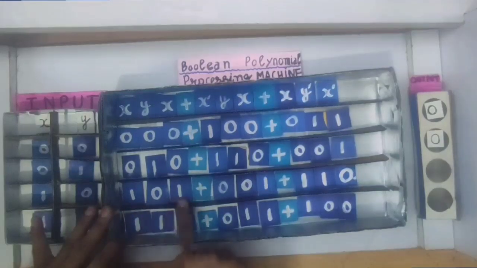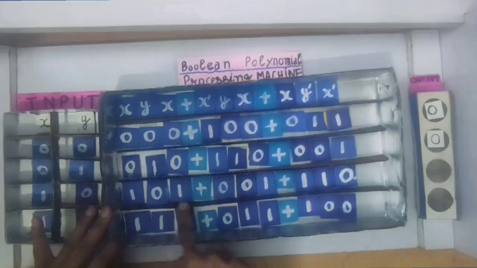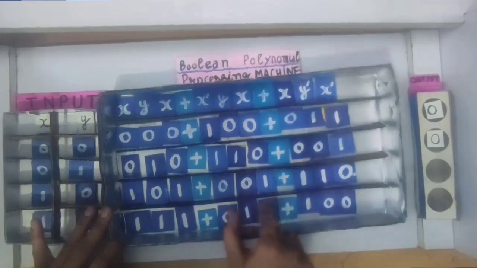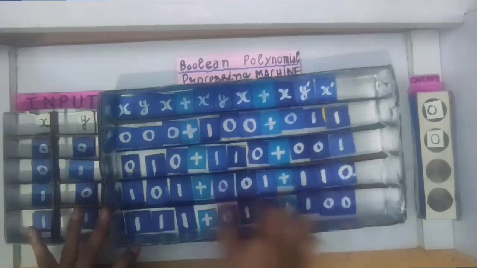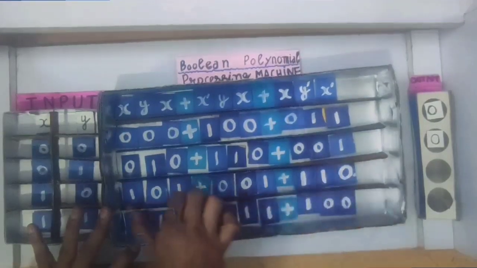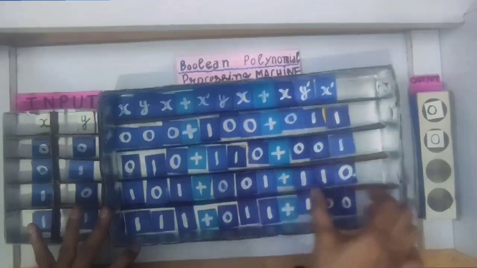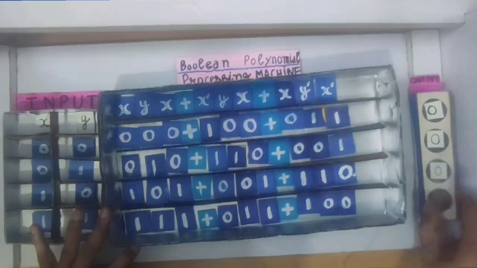And again this whole 1 dot 0 dot 1 is 0, 0 dot 0 dot 1 is again 0, 1 dot 1 dot 0 is again 0, and 0 plus 0 plus 0, which means 0 join 0 join 0, is again 0. So again the output is 0. So I put a 0 over here.